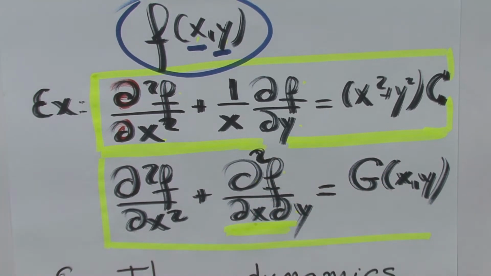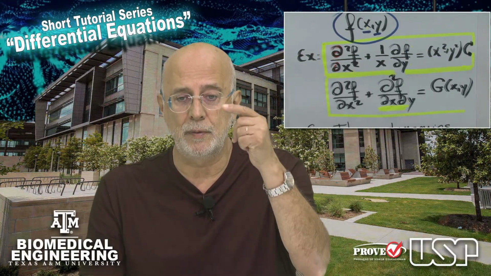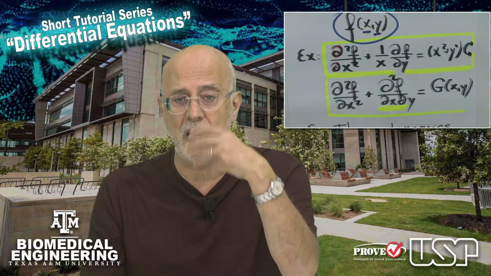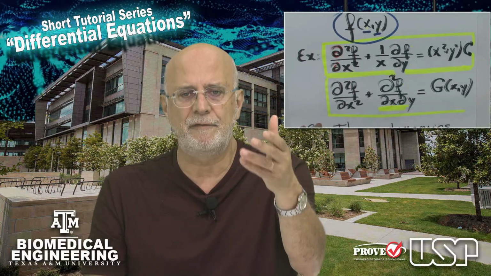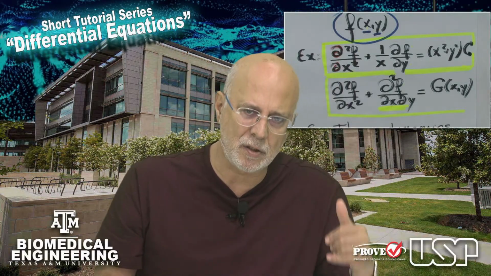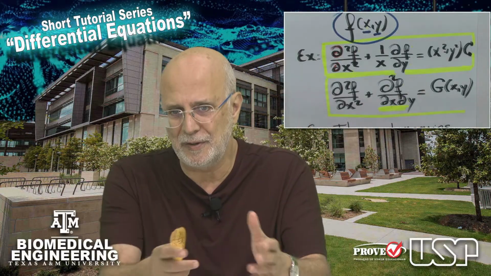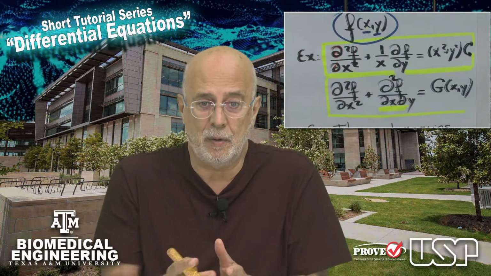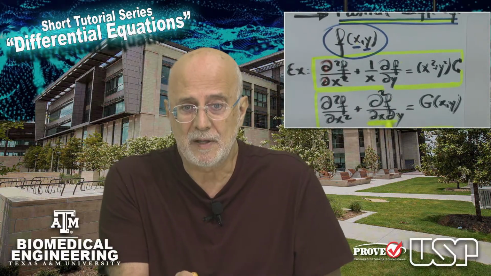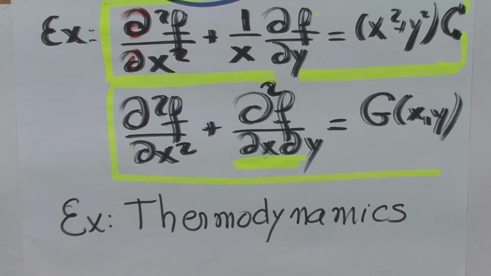So you have phenomena that will depend on how one thing depends on the other, and then how the rate of variation of the function with respect to y depends on the variation with x. So the rate of the rate is the second order derivative. And in partial equations, this can happen. You can have this mixture of variations.